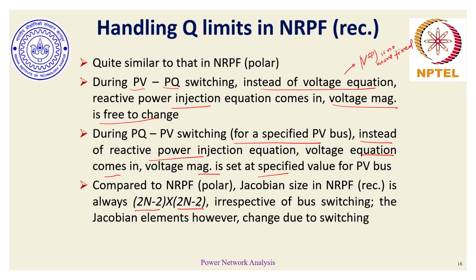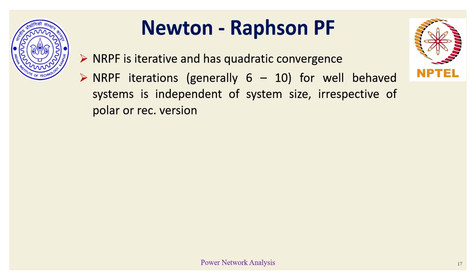Order of equations changing means the Jacobian elements also have to change, but in the polar version, the Jacobian dimension was also changing in addition to the equations changing. So that's a big difference compared to the polar version. In rectangular coordinates, irrespective of bus switching, the Jacobian elements change, but the dimension of J doesn't change.